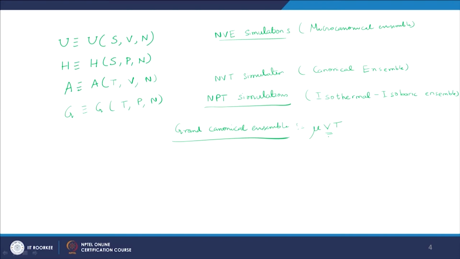So, depending on what I am looking at, I can make a choice of ensemble. Let us say, for example, I want to know the behavior of a system at a certain pressure, for example, water at 1 bar. I will do a simulation in the NPT ensemble, and I will let the volume fluctuate.